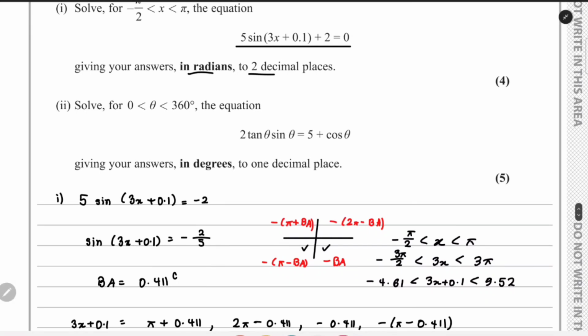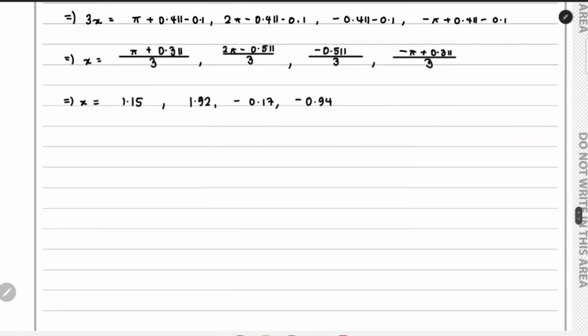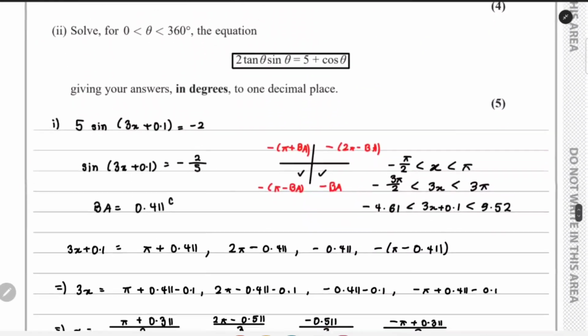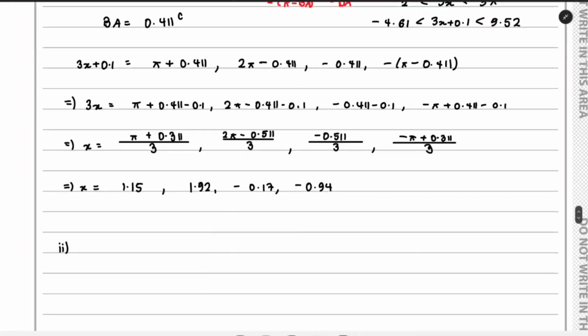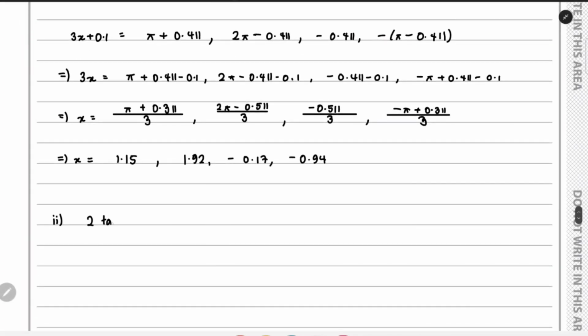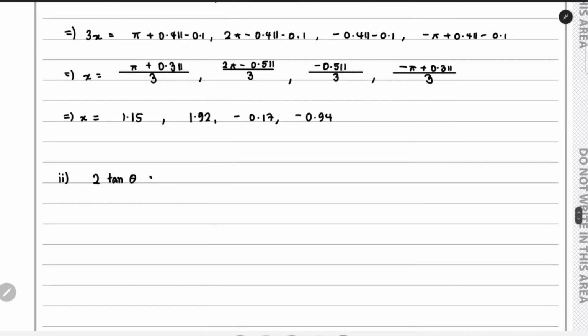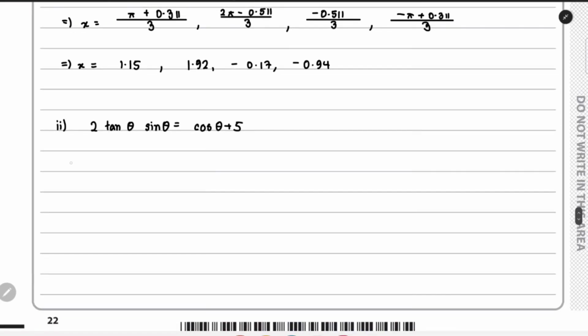Now in part 2, we have to solve the equation 2 tan theta sine theta equals 5 plus cos theta, in degrees. Remember to change the calculator mode back to degrees. We have 2 tan theta sine theta equals cos theta plus 5. If we multiply both sides by cos theta, we'll get 2 cos theta tan theta sine theta.